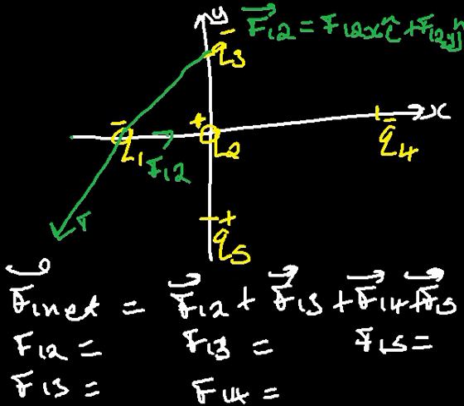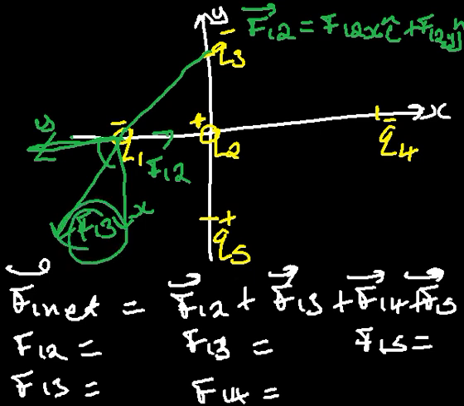And this is F13, and you'll be required to resolve that into components by expressing it in a two-dimensional coordinate system. So this will be the x component, this will be the y component, and the directions will be that. And this is the angle that we'll be using to resolve F13 into components.